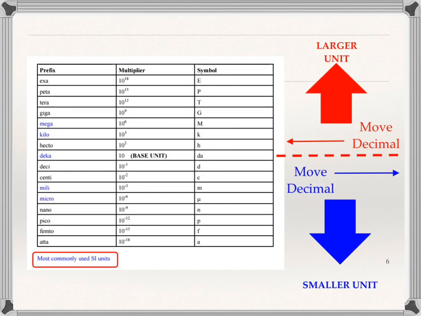So the units I've highlighted there in blue on the left. So that would be here.